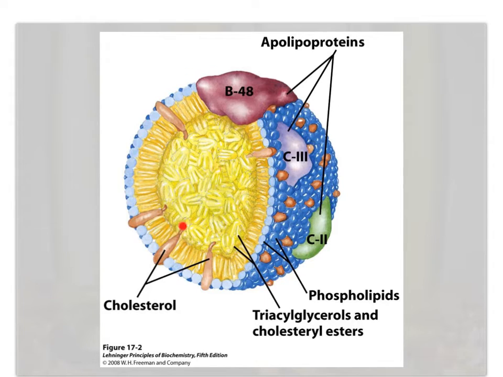And then we can see here that we've got primarily the TAGs on the inside. There are some cholesterol esters, which are just like it sounds. It's cholesterol that's been esterified to make it even more hydrophobic than before. And then there's some cholesterol here that's incorporated. And the percentage of protein to lipids is what makes the difference between the HDL and the LDL.